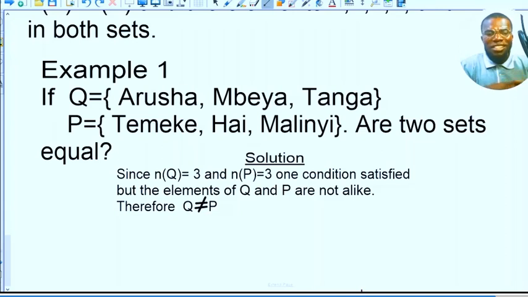If that is the case, we can finalize by saying that Q is not equal to P. This sign means not equal. These are called unlike sets, while the previous example is called like sets. So let us end for today here.